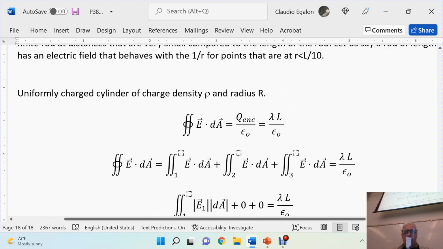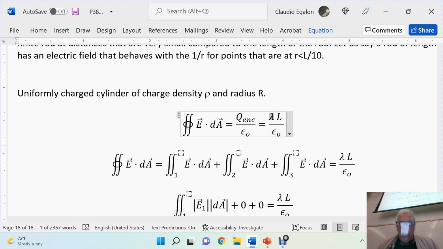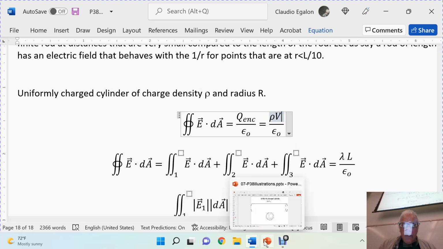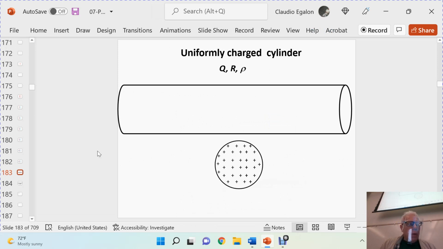Q enclosed divided by epsilon naught. But now instead of lambda L, it's not going to be lambda, it's going to be rho times the volume. Let's do a drawing for that.